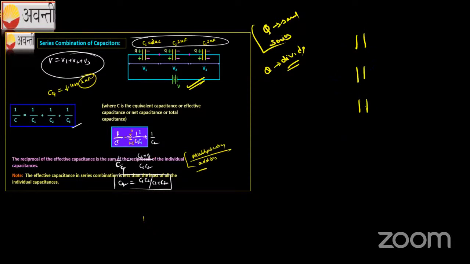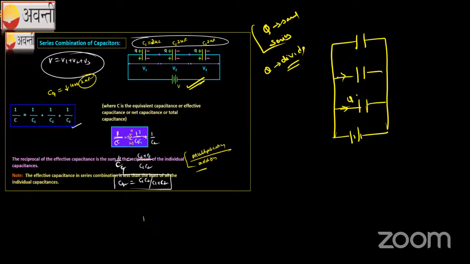We connected the 3 capacitors in parallel with an external battery. Here the charges are divided as Q1, Q2, and Q3. The total charge equals Q1 plus Q2 plus Q3.